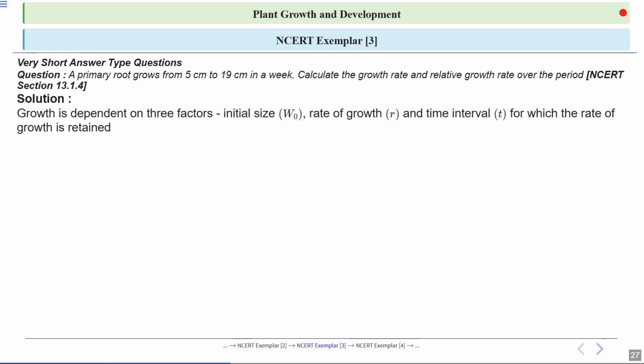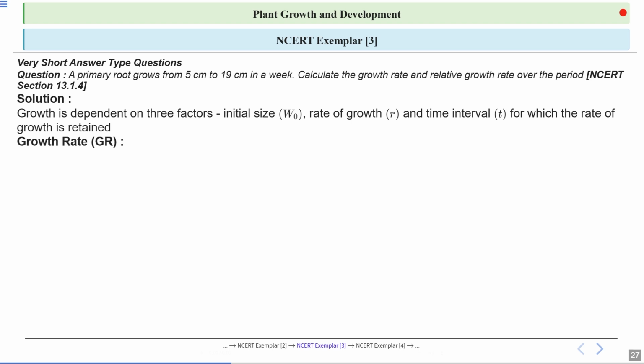So, growth is dependent on 3 factors. There are 3 different factors on which growth is dependent. The first is the initial size, represented as W0. Then the rate of growth, represented by small r, and the time interval, t, for which the rate of growth is retained.